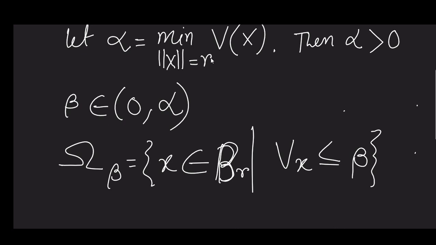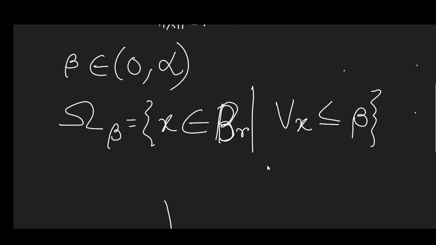Now with this we define another region, capital omega beta, where omega beta contains all x belonging to Br such that Vx is less than or equal to beta. So what we can see, if we try to have a geometric interpretation of this, we can draw it like this.